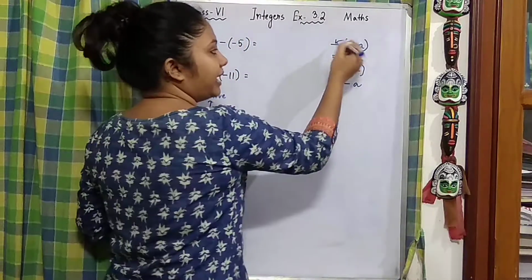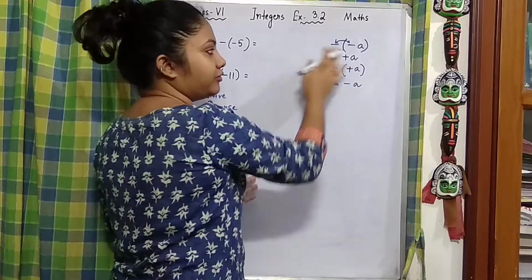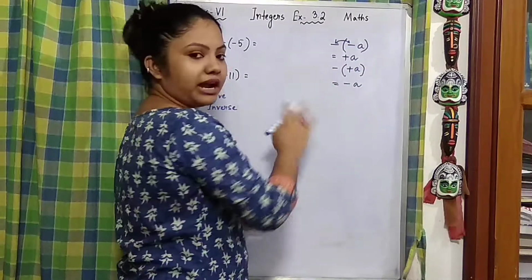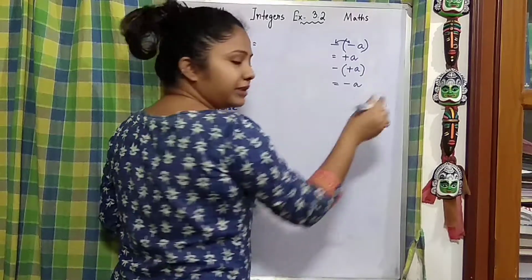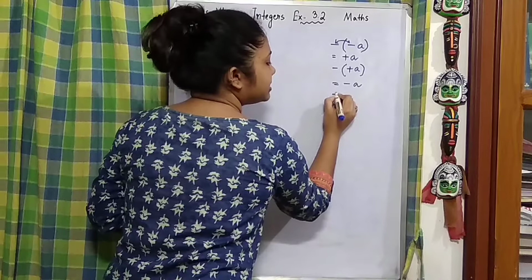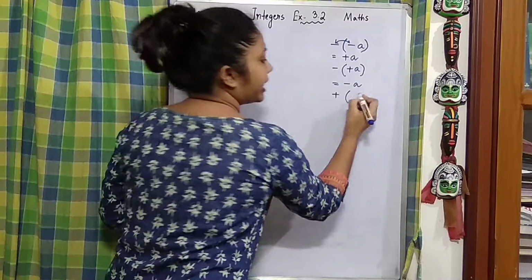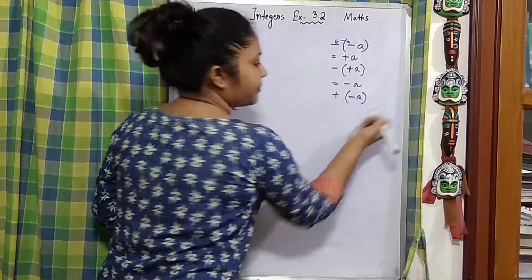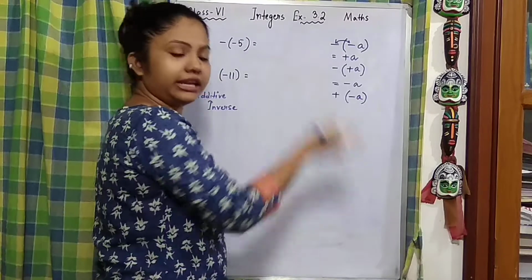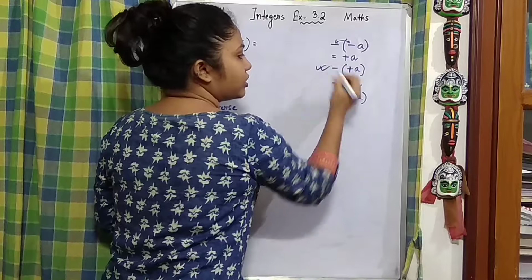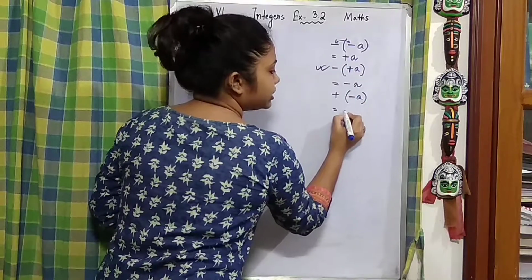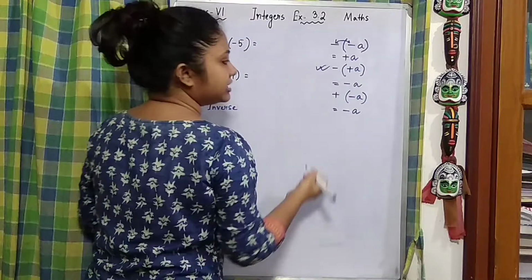Similarly, if there is a plus sign outside the bracket and a minus a, or minus any integer, inside it, the answer is the same: minus a.